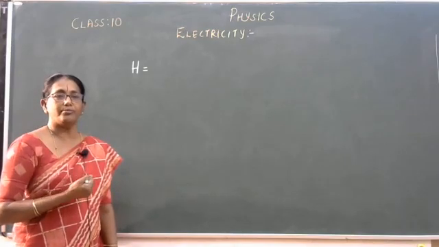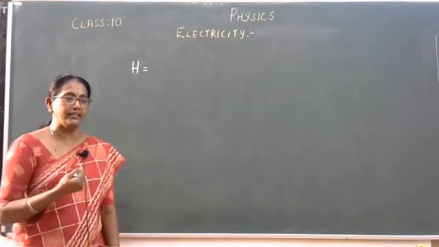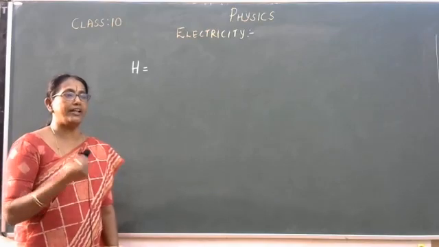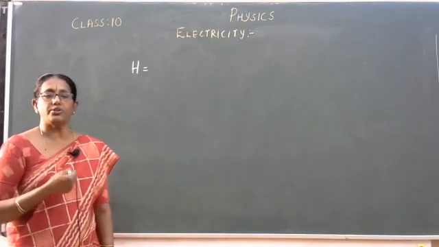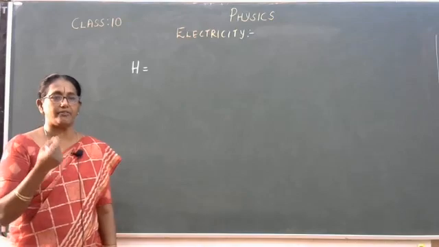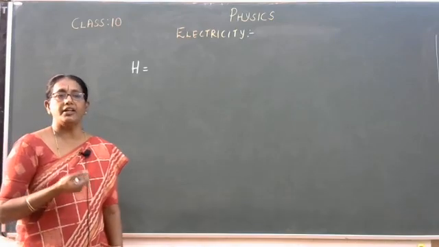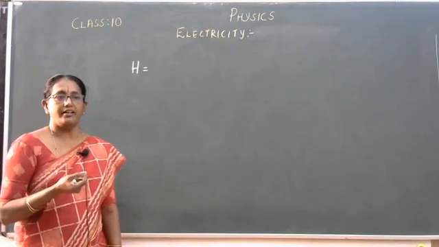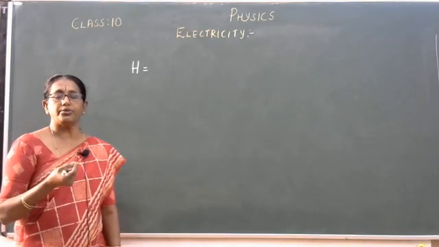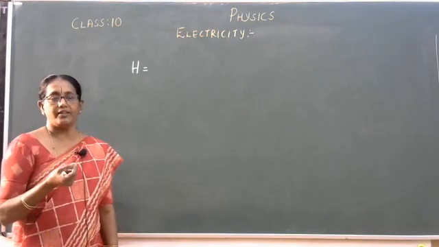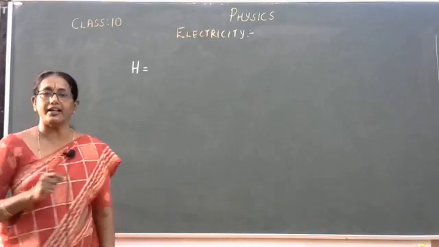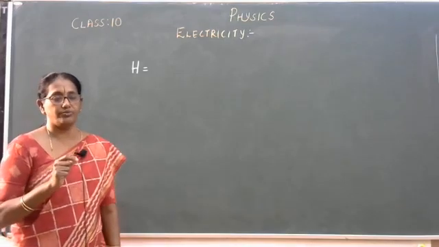I hope you remember the equation for the work done in moving a charge from one point to another point. In the first lesson of electricity, you learned the equation W by Q is equal to V. So from there we can write the work done as V into Q.